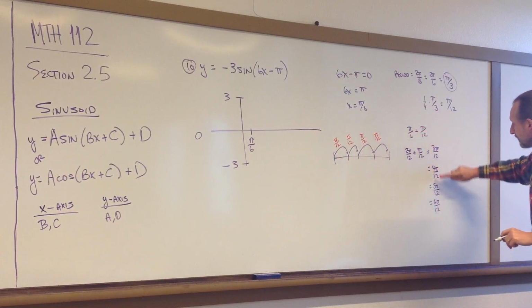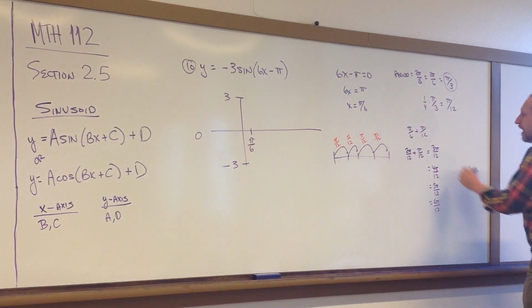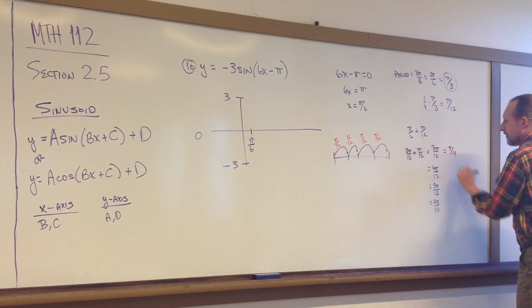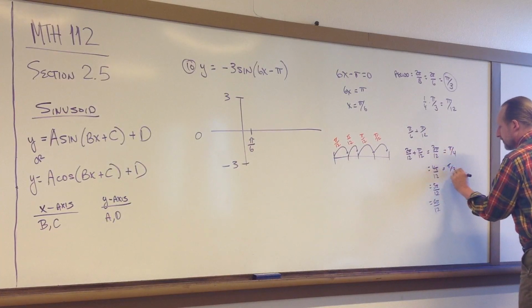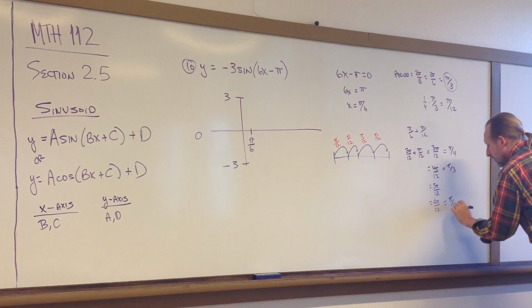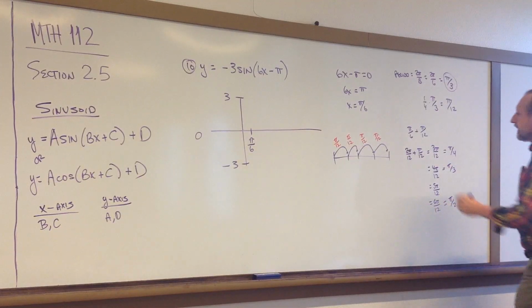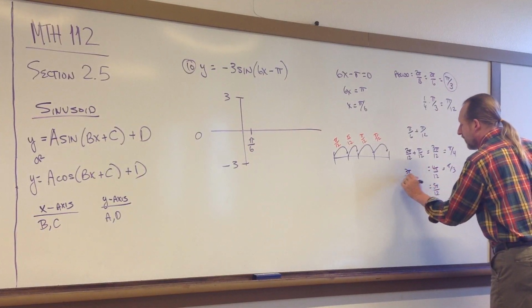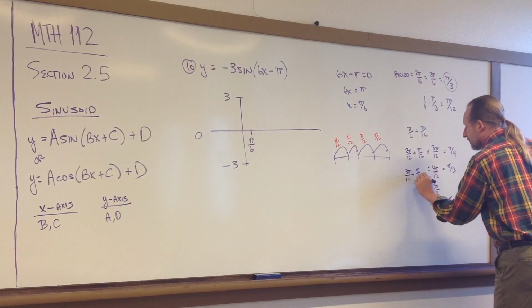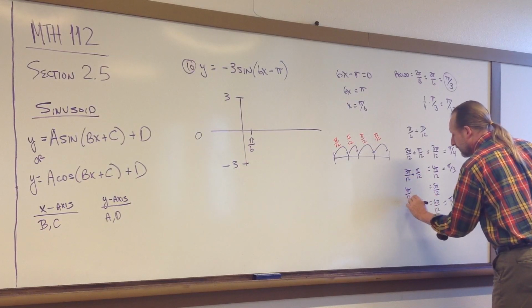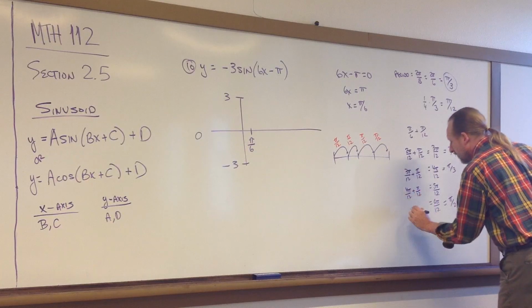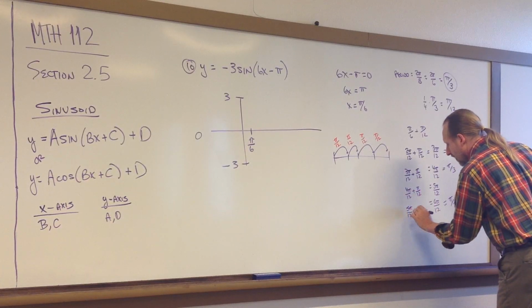Let's see, 1, 2, 3, 4, 5. And that's it. This one needs to be reduced. This one needs to be reduced. And this one needs to get reduced. And again, each one just comes from adding pi over 12 to the previous one, and if you've got common denominators set up, then that's not too tricky.